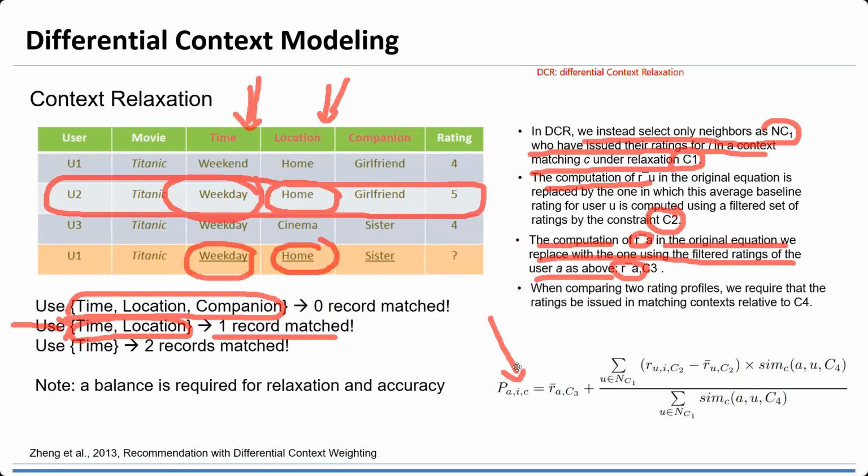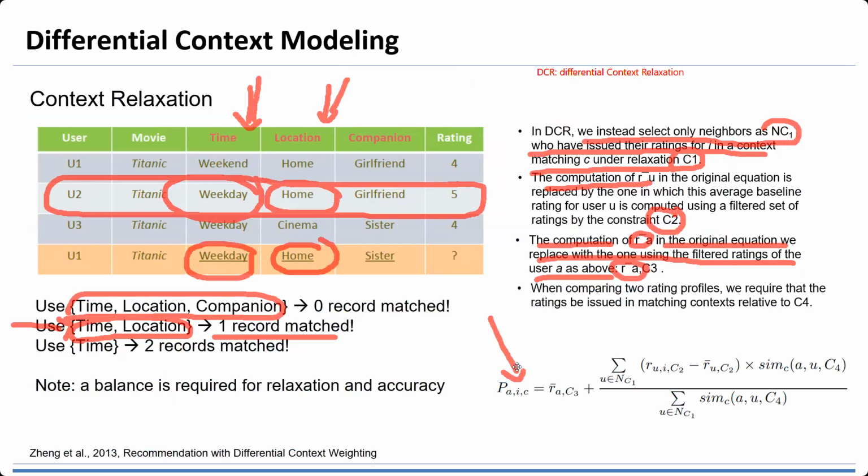We will check the rating of this item minus the R bar U, R bar U given the C2. C2 is the context based on the column and the row. So it means I will check the rating, this one, minus the R bar U, and then I will also check the rating, this one. Maybe this one is R bar U3, and then this is R bar U4.